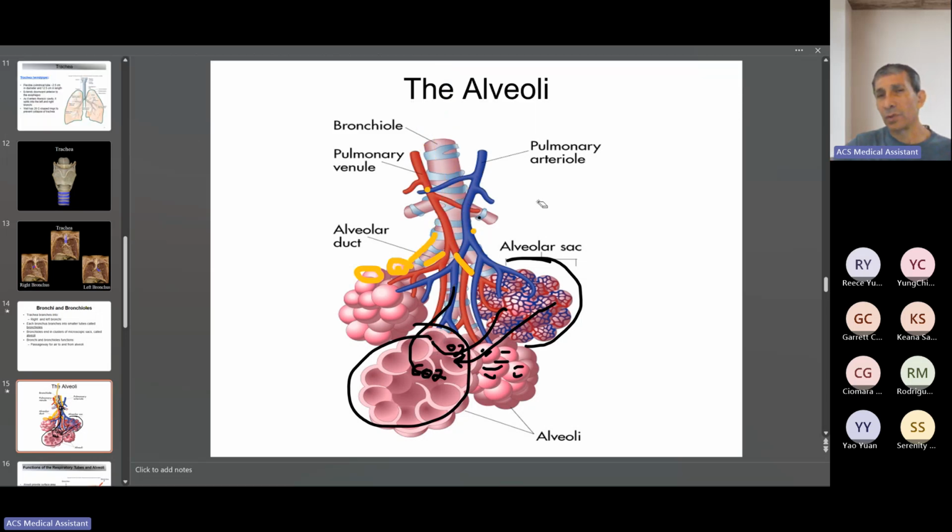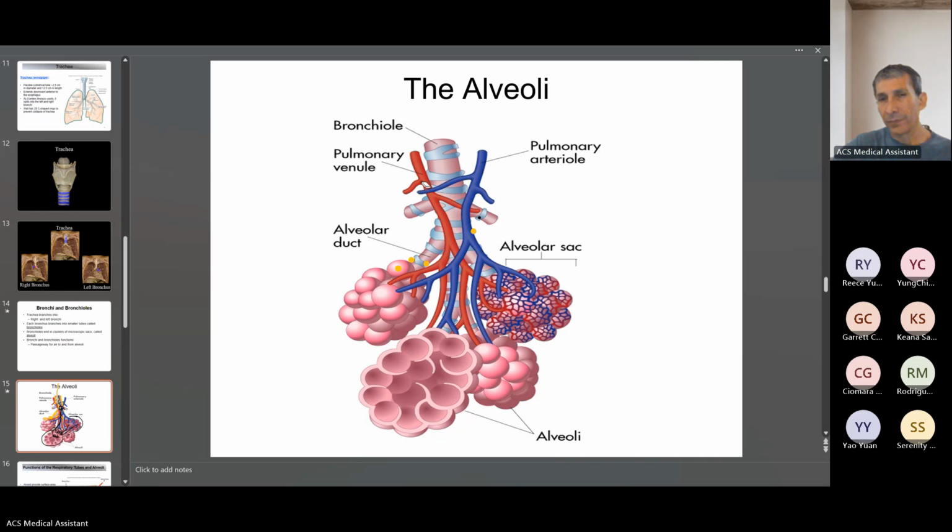So that is the most important thing with the alveoli. Remember, the alveoli are not passageways of air or anything else. This is where oxygen is actually delivered and carbon dioxide is picked up to be removed.